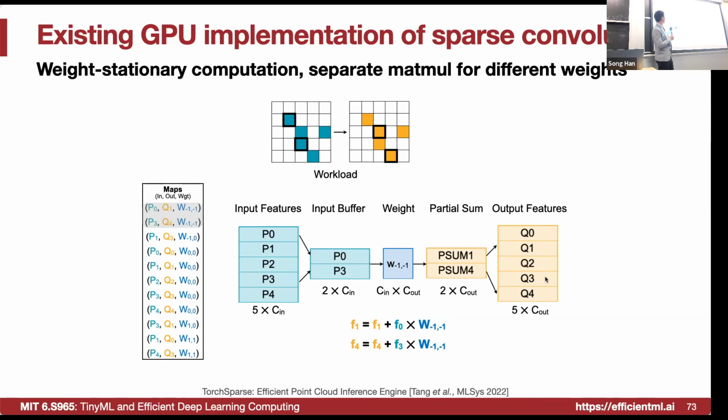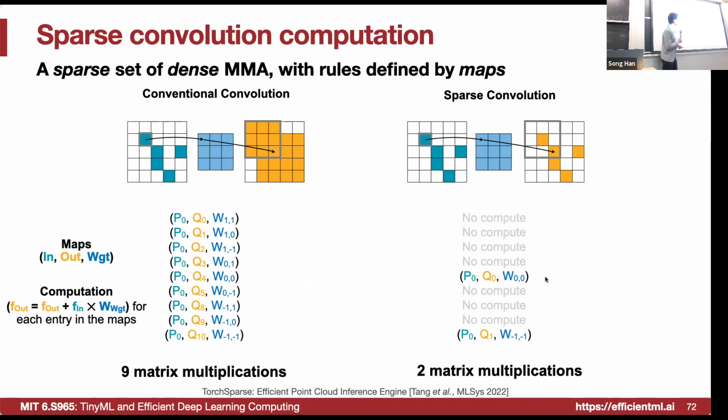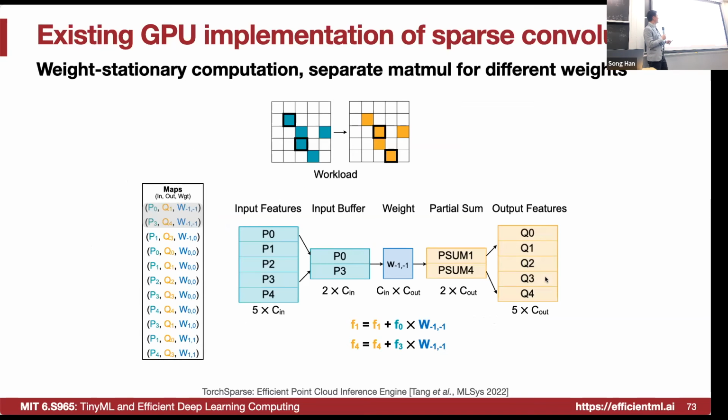Actually we probably need to adjust the slide here. P3 and Q4 interacting with W-1,-1. Therefore, it's only a subset of all the points. We are not using all the input points, but only 2 out of 5 points are going to interact with W-1,-1.